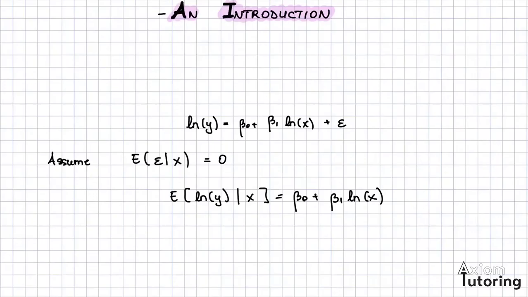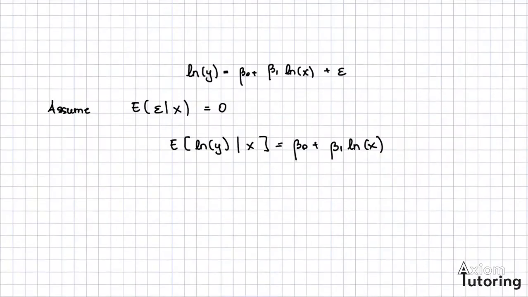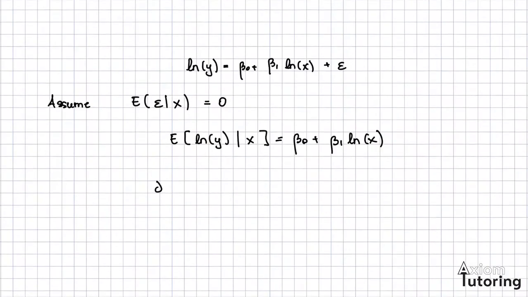Now let's take the derivative with respect to x. So we differentiate with respect to x. Normally we would have a derivative of this entire expression with respect to x.